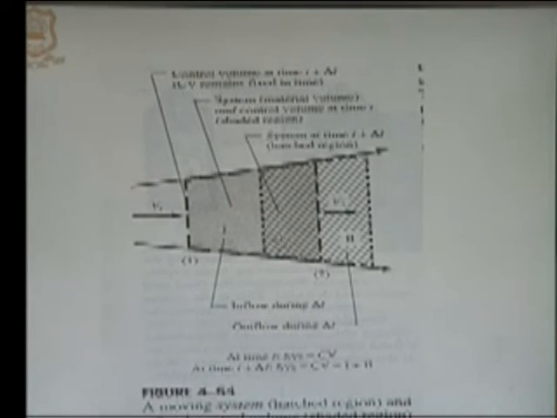right. So, to understand the Reynolds transport theorem, we have a pipe having variable area, or a diverging pipe.